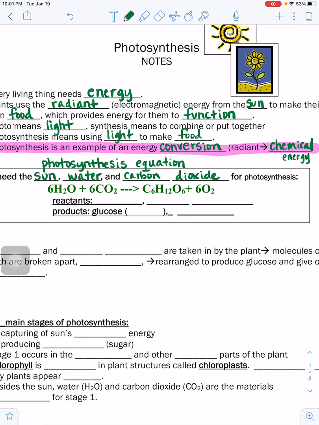The reactants are what are reacting to create the product. The reactants are the things over here on this side of the arrow. You can read it because I think all of you know what H2O is. That's water. CO2, most of you know, is carbon dioxide.